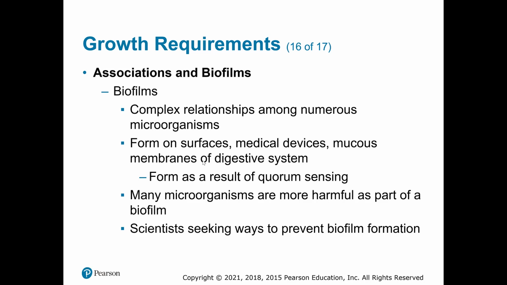If you have a CPAP machine at home, a ventilator in the hospital, some kind of a breathing device, even if you're intubated or if you have a feeding tube, that's not even respiratory, anything like that where the environment is warm and moist, that is a breeding ground for bacteria, and particularly a biofilm, because there is a surface readily available for those cells to attach to and form that film.